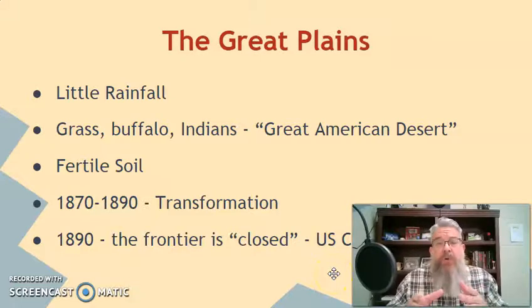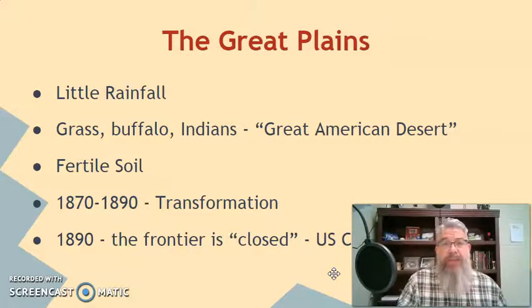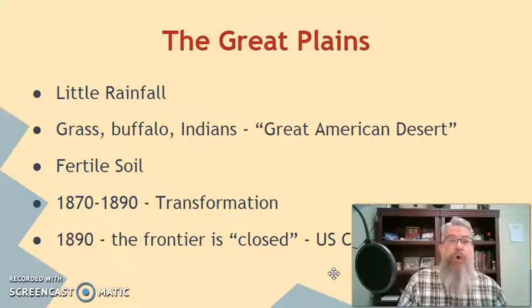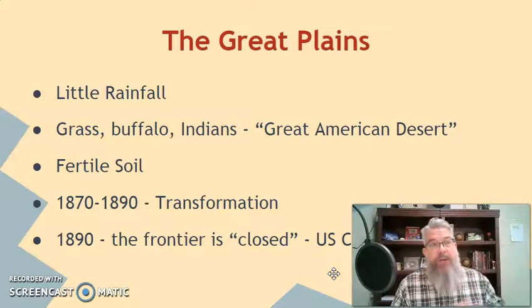So where a lot of these people are moving as they move west is to what we know as the Great Plains. It was often referred to as the Great American Desert, right? This idea of a desert being barren land where there's no one living, a whole lot of nothing, right? In reality, what we have out there is kind of what we picture when we think of the Great Plains, right?